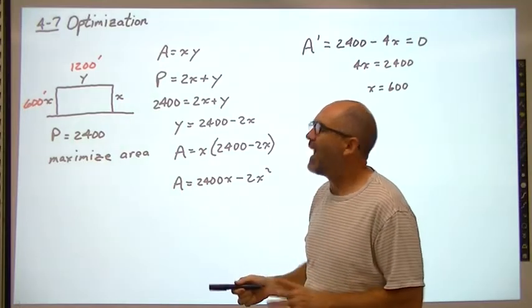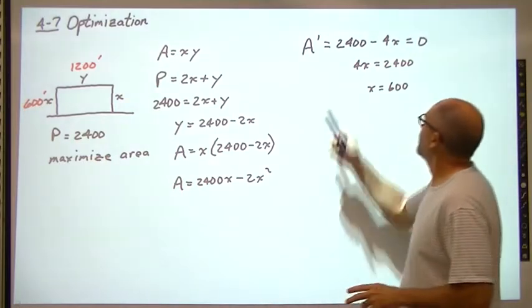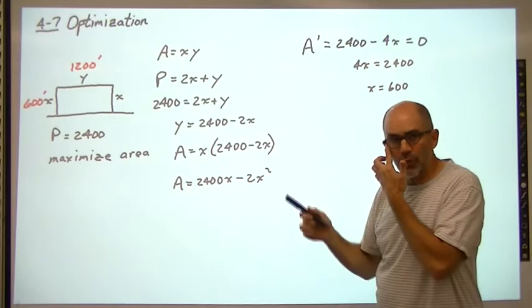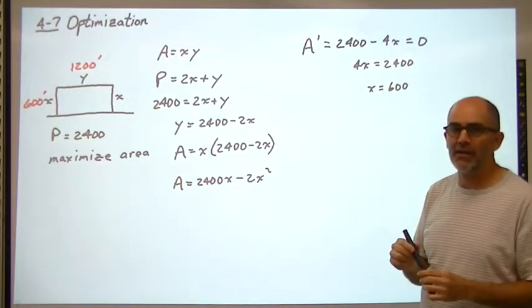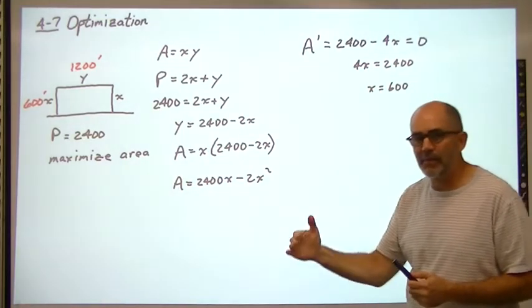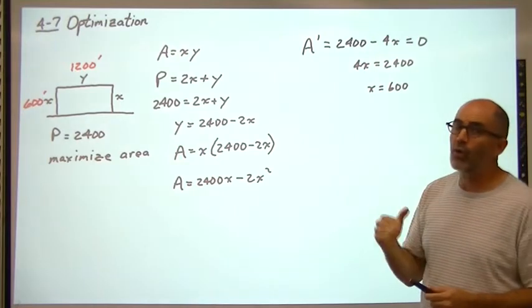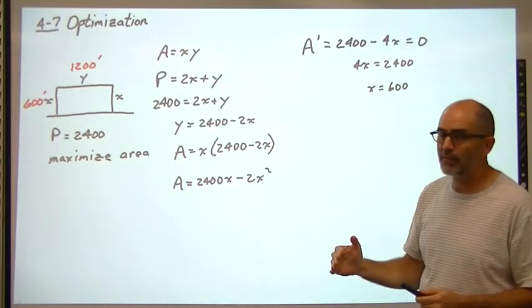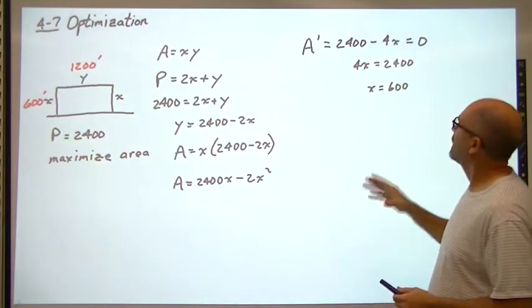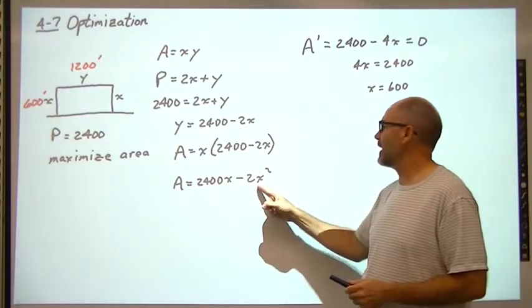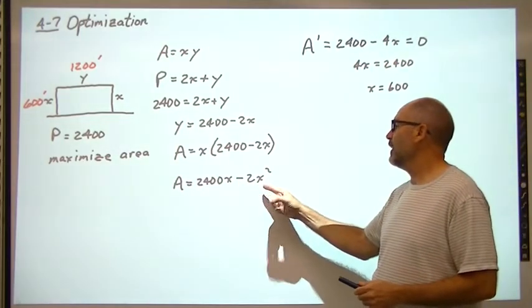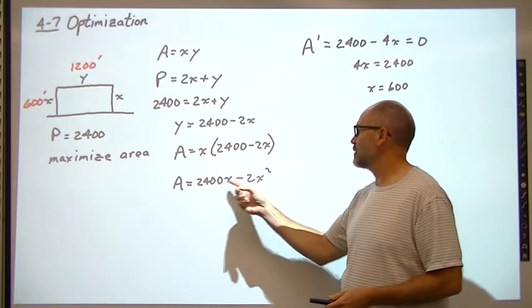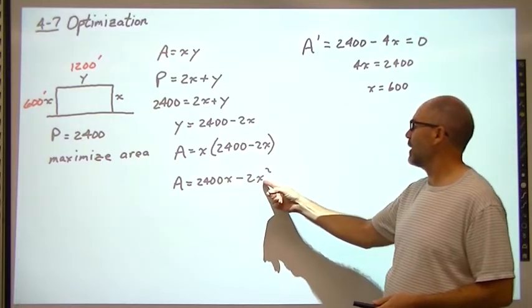Is that the maximum, though? Because remember, when we take the derivative of a function and set it equal to 0, that could be a maximum, it could be a minimum, or it could be a point of inflection. Now, clearly this is a quadratic, and notice the equation 2400x minus 2x squared.